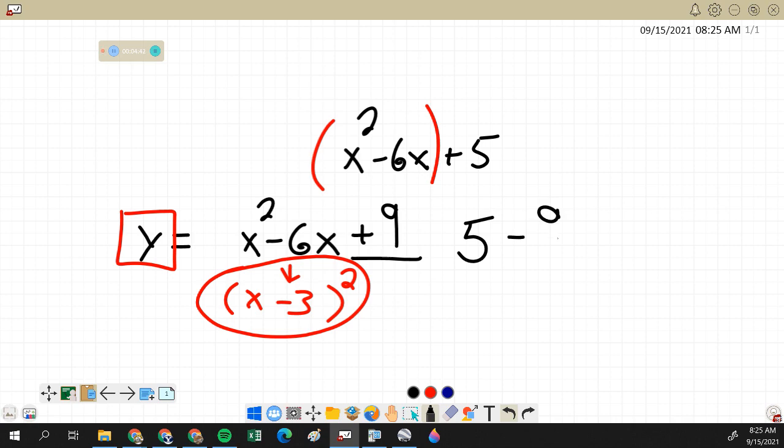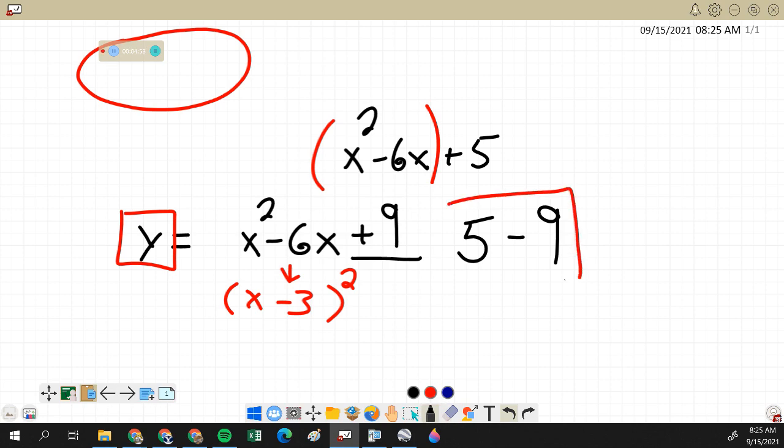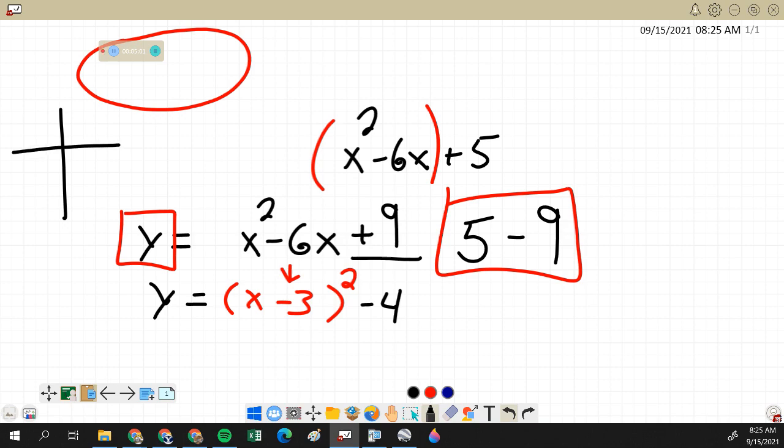Take 9 pounds off of the same side. All right, so this becomes negative 4. And there's my graphing equation. Right 3, down 4, and then I could do over 1, up 1, over 1, up 1. And I get that. Okay, let's do another one.